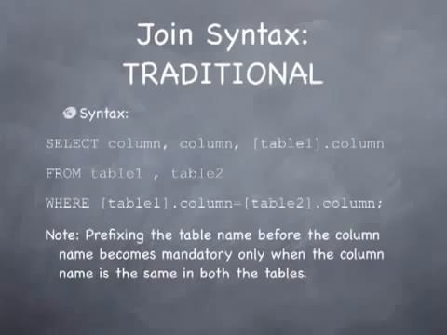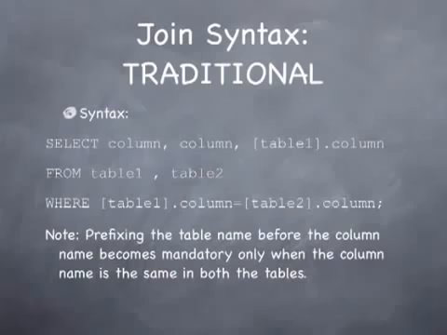The select statement goes as select column, comma, table1 dot column from table1, comma, table2, where table1 dot column equals table2 dot column. Now this is a very general syntax that's not specifically identifying any tables.